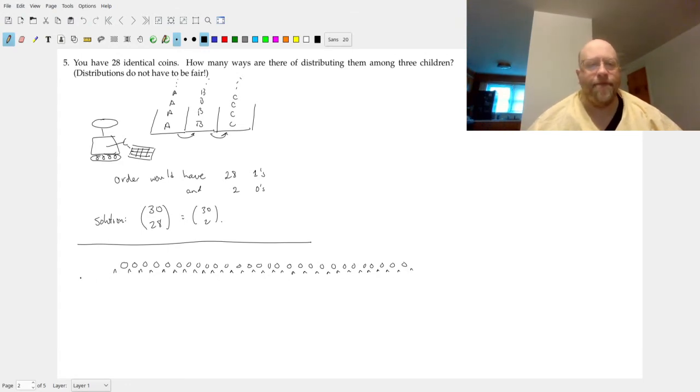Okay. And so there are a total of, let's see, 29 slots here then: one before each of the 28 coins, and then one more.